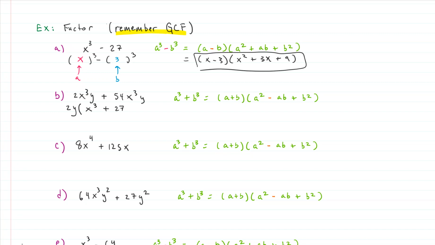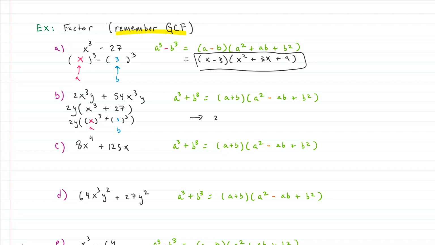plus 27. Now, can we make this into something cubed plus something cubed? And the answer is yes. X is the a, and 3 is the b. And again, we're going to have a 2y hanging out in front. Remember, so we can't forget that.